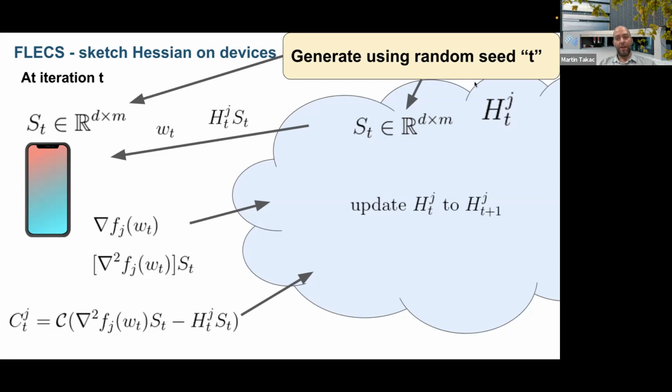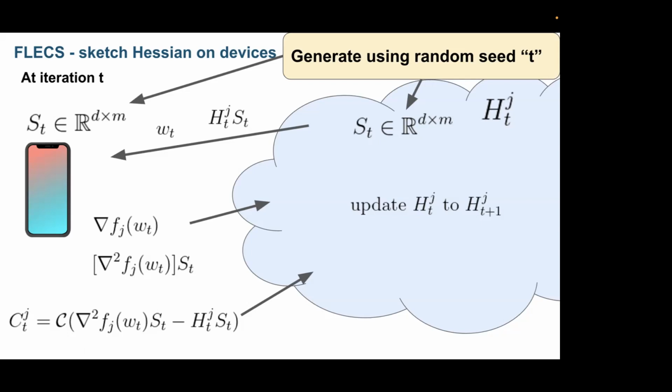Again, I had some belief, then I chose some random direction ST. Now I learned that my belief is very off, because if the message here is not 0, this means that in this random direction ST, the true Hessian is very different from my belief, which means I have to update my H. Does that make sense or not? Okay, cool.